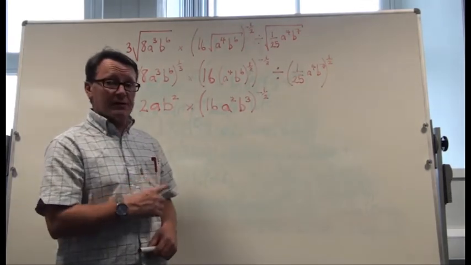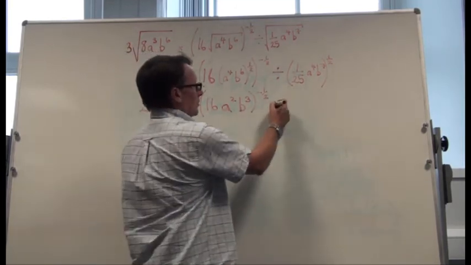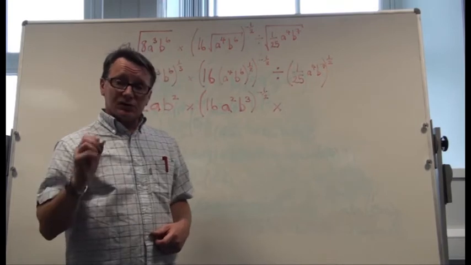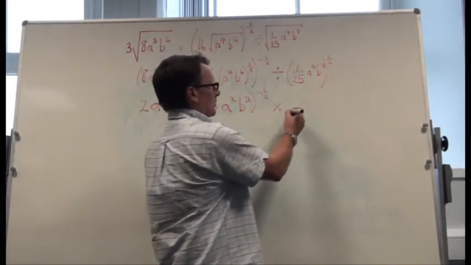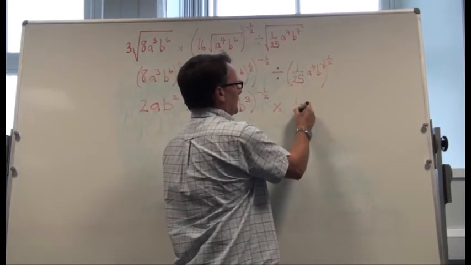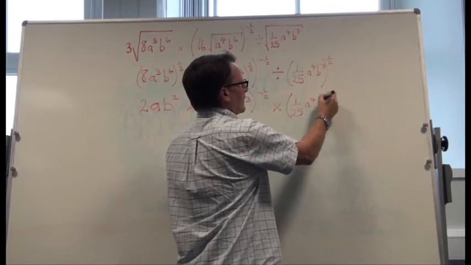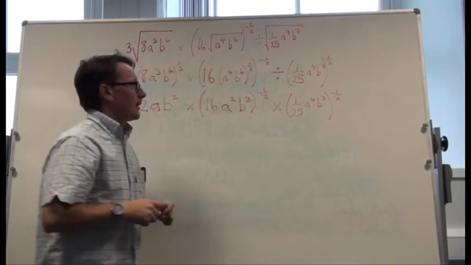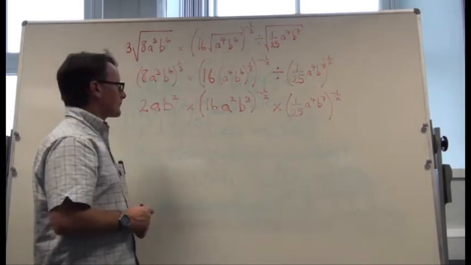So instead of writing that as divided by that expression, I'm going to change it to multiplied by. And to do that, I've got to change the power from a half to minus a half. So I can write that as 1 over 25 a to the 4 b to the 7 to the minus a half. And it's just going to make my next job a little bit easier.